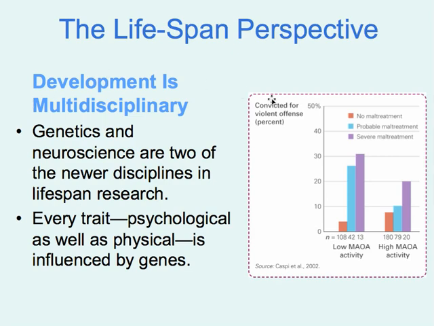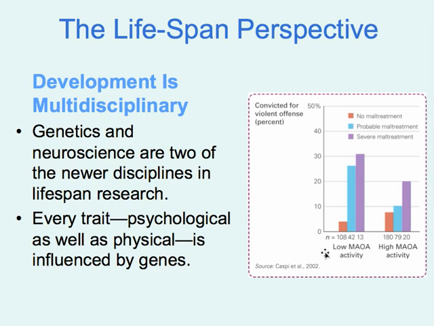As you can see in this graph here, this is an example of the way that neuroscience can help to illustrate certain patterns of behavior as measured by convictions for violent offenses.